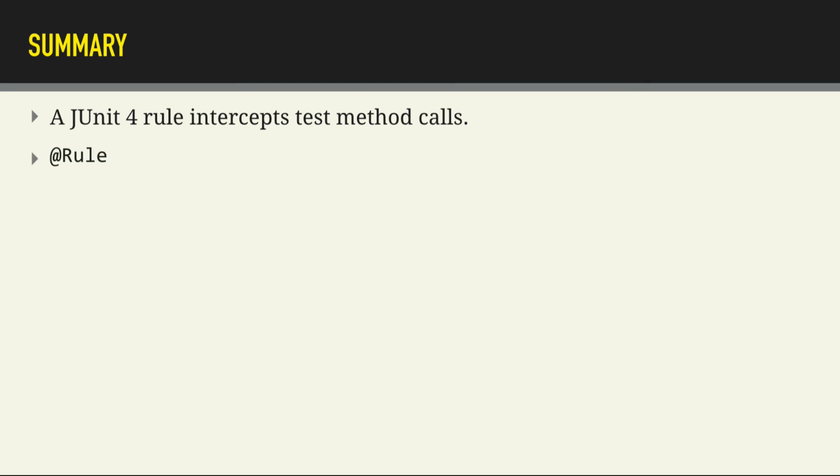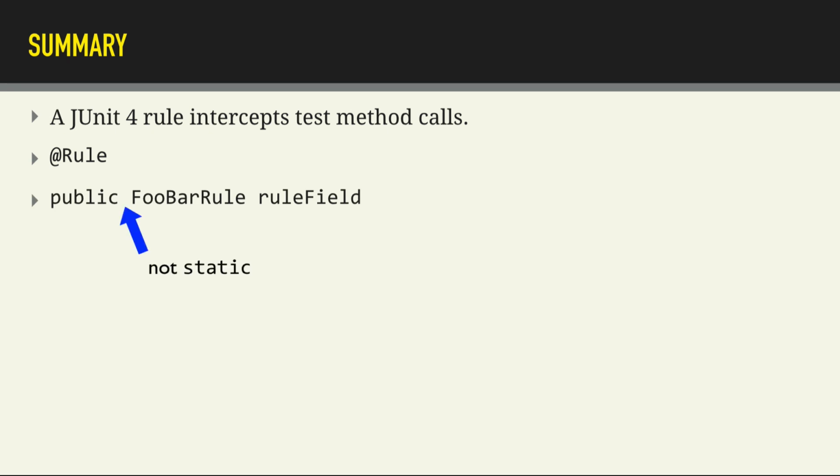JUnit 4 requires that rule fields are annotated with the Rule annotation. 3. JUnit 4 requires that rule fields are public, are not static, and are a subtype of TestRule. And 4. The TemporaryFolder rule allows us to create files and directories which are deleted after a test method has been run.